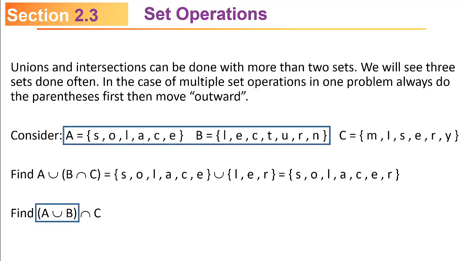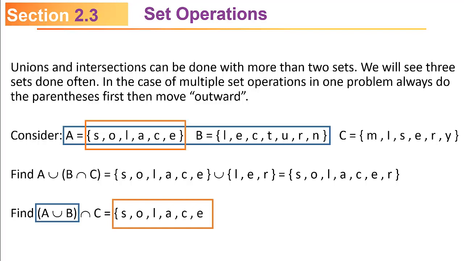So this time you might say, well, okay, I start off with A union B. That means everything in A or B or both. So if it's in A or B or both, I just throw all the letters into one set. You don't list one letter twice, even if it appears twice, but you put every letter that appears in either set in the resulting set.